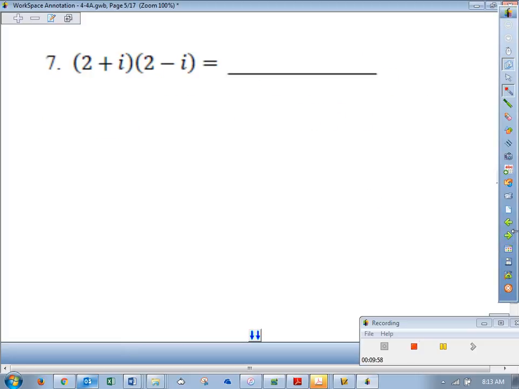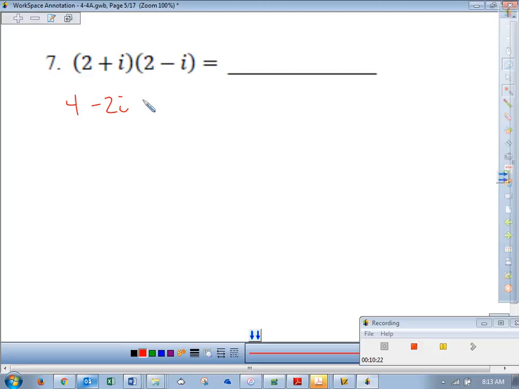Now, they want us to multiply stuff together. It is a binomial times a binomial. How do you multiply those together? FOIL. So let's FOIL this out. First terms times each other would be 4. Outside terms times each other, negative 2i.